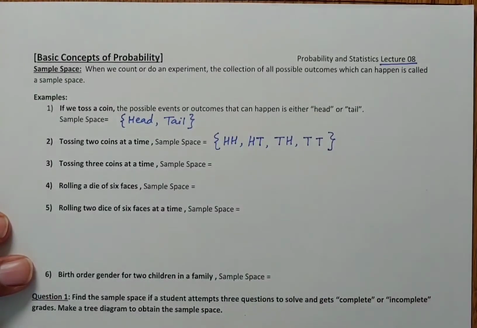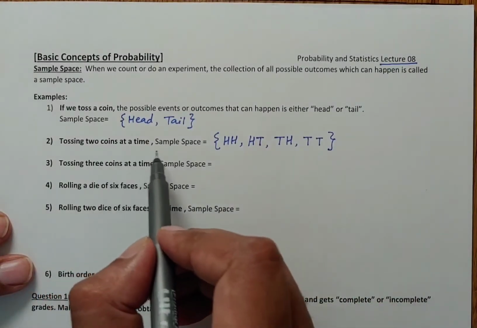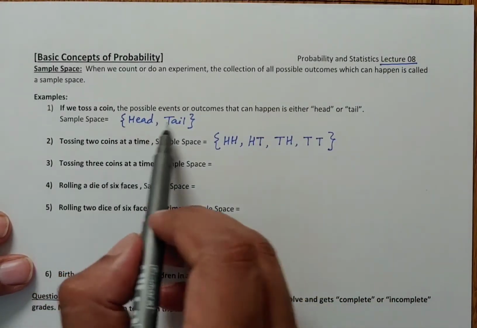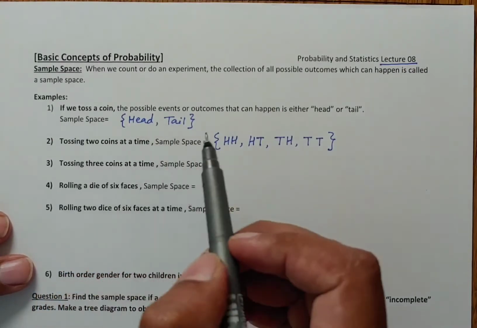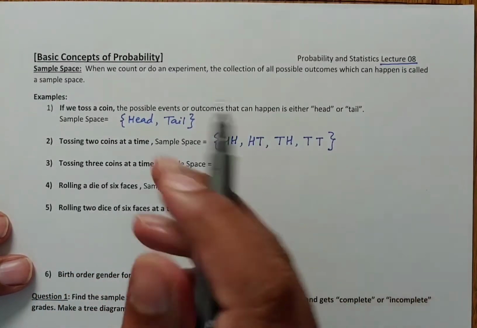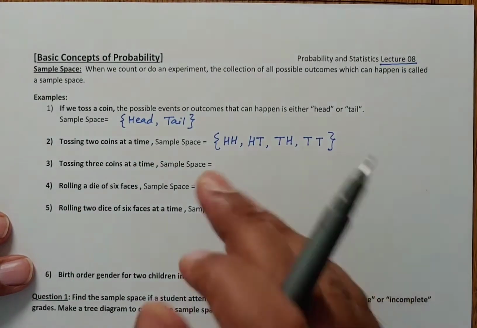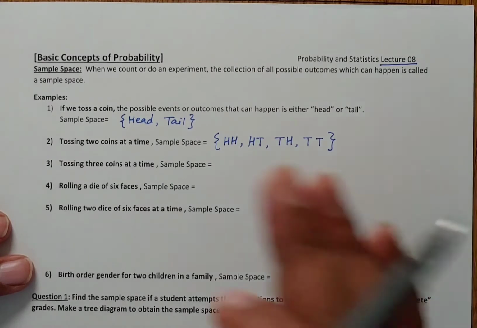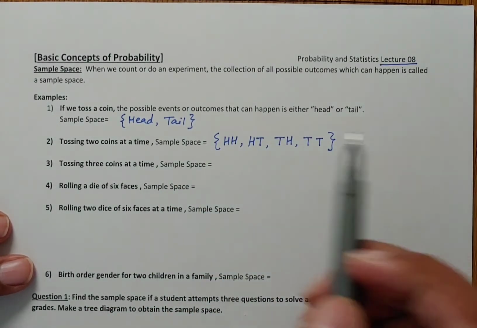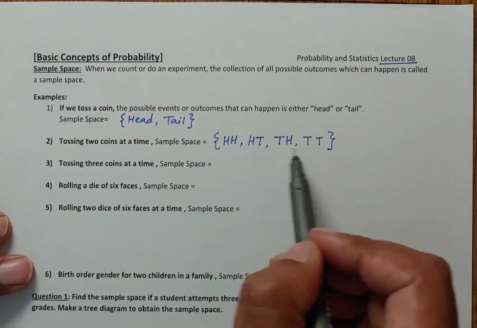So these are all the possible outcomes when you toss two coins at a time. When you toss one coin, you can get either a head or a tail, right? But when you toss two coins, you can have head and head, head and tail, tail and head, and then tail and tail. So these are all the possible outcomes.